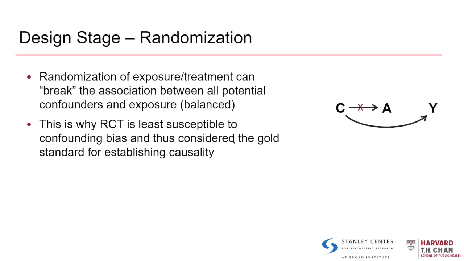There should be no systematic difference between the distribution of the variables included in table 1. This is why RCT is the least susceptible to confounding bias, and thus we consider RCT the gold standard for establishing causality. If we think of the confounder, the exposure, and the outcome, what randomization is doing is breaking this path by balancing the distribution of potential confounders between the exposed and unexposed, or those with treatment and no treatment.